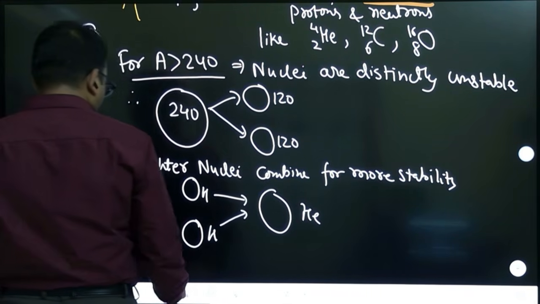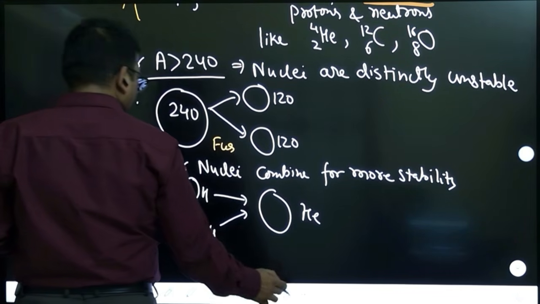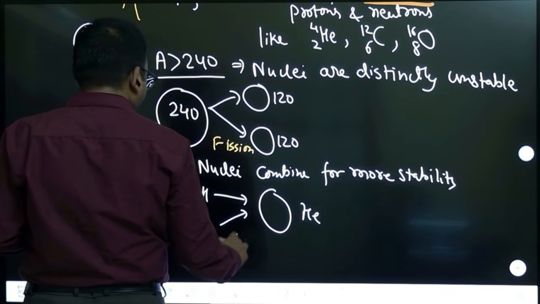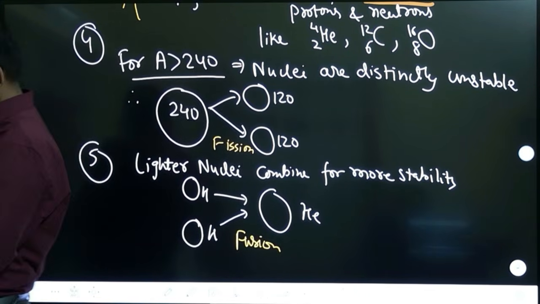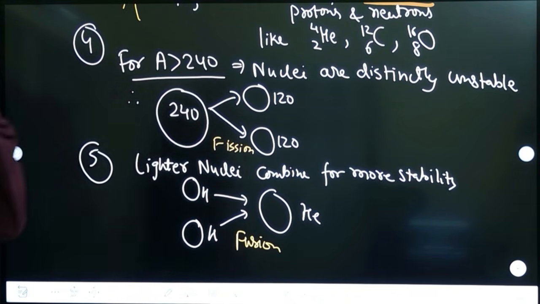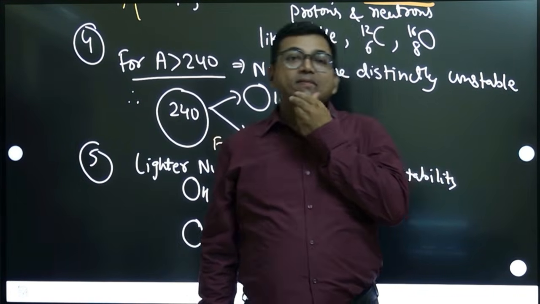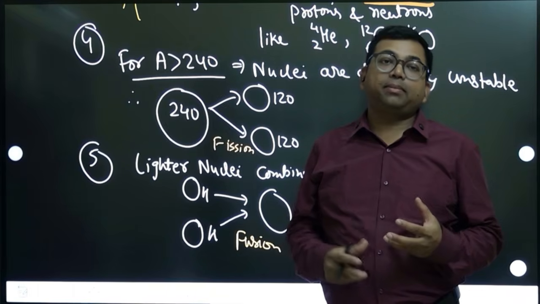This is fission, sorry, this is fusion. Already in the graph I have explained that we need to note. So that's the important point that we need to learn here: fusion happens for a reason, and the reason is to attain more stability.